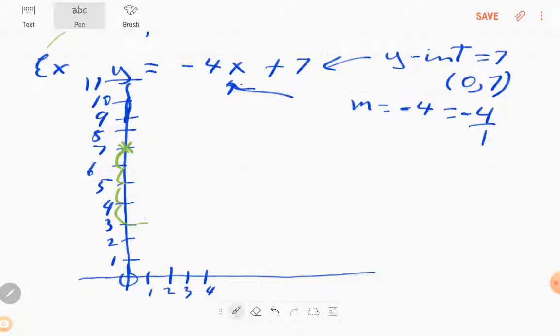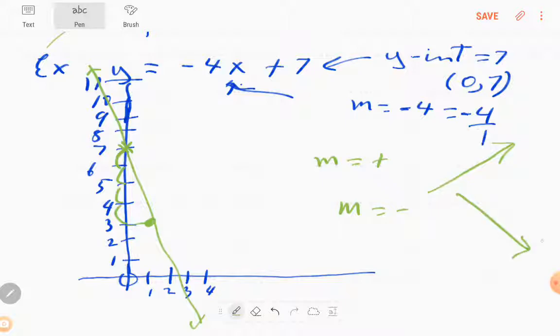So that puts it here. So this is going down this way. If the slope m is positive, the slope rises from left to right. If the slope is negative, it goes down from left to right. We have a negative slope, so our graph goes down from left to right.